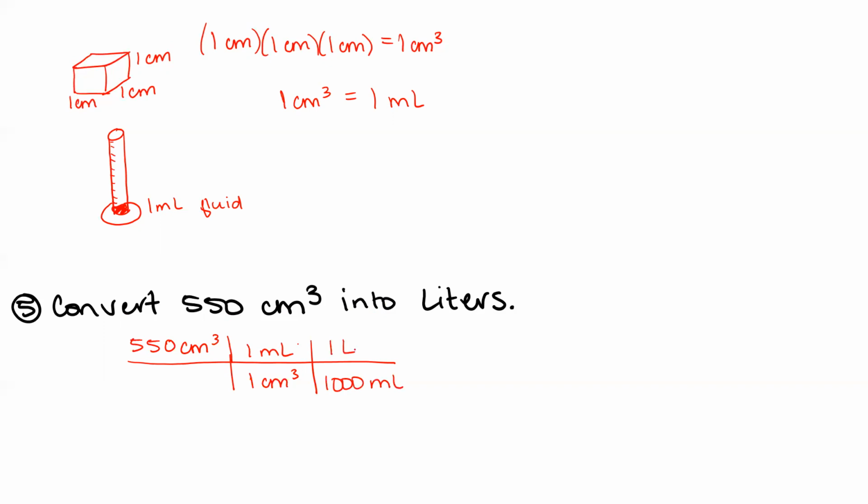Hence the term milli. Milli means 1,000 into the 1 liter. We're going to multiply across. All of our units will cancel. And so we end up with 0.55 liters. Now, we started with 2 significant digits, and we have ended with 2 significant digits, so we don't need to worry about changing our answer at all. This is our final answer.